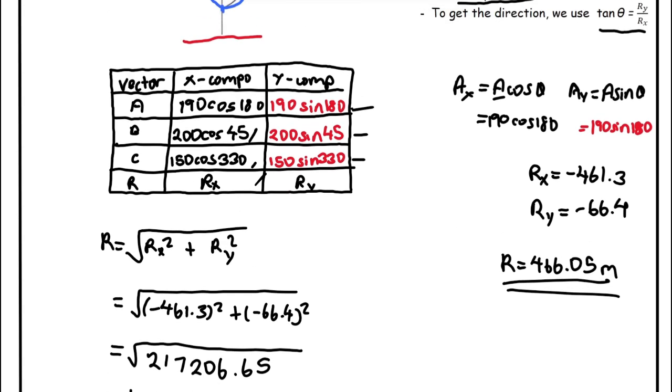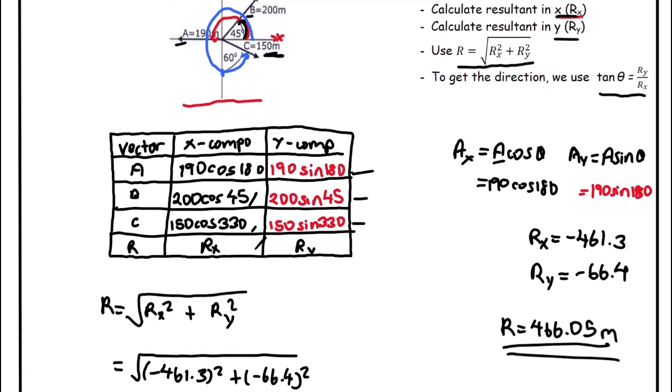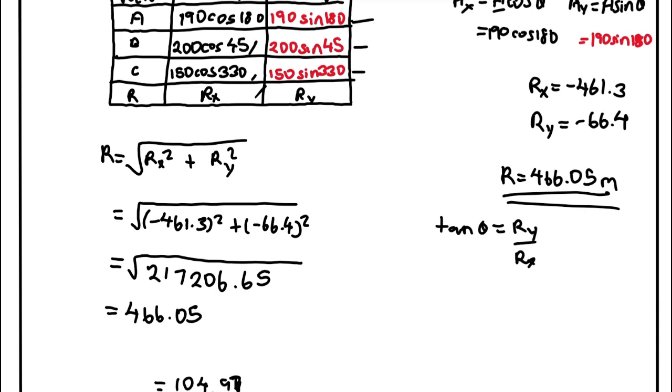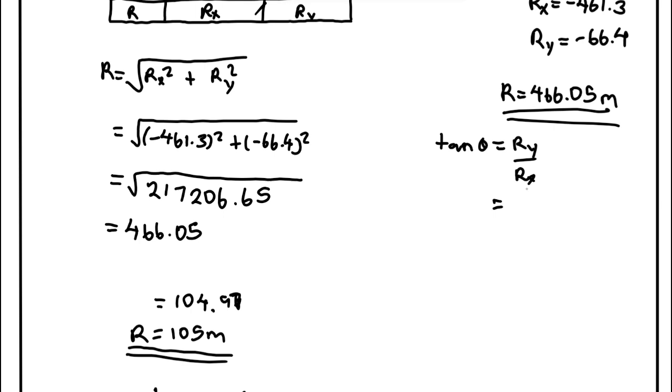Now, we were also told to find the direction as well. So, tan theta is equal to Ry over Rx. Ry in this case is negative 66.4.